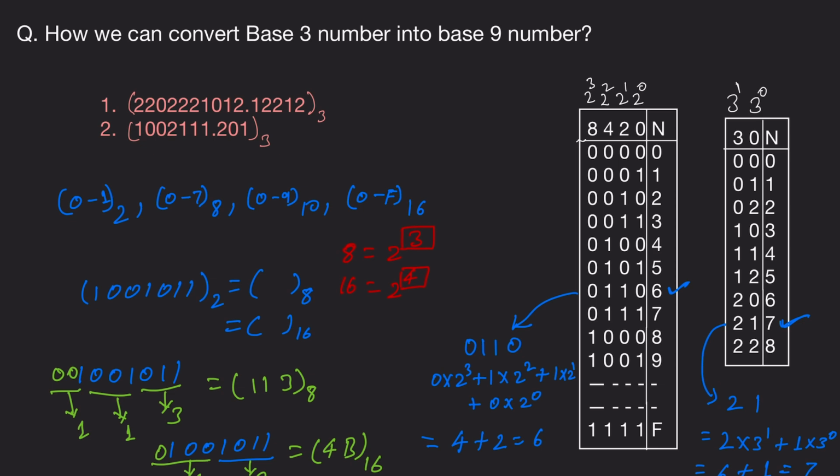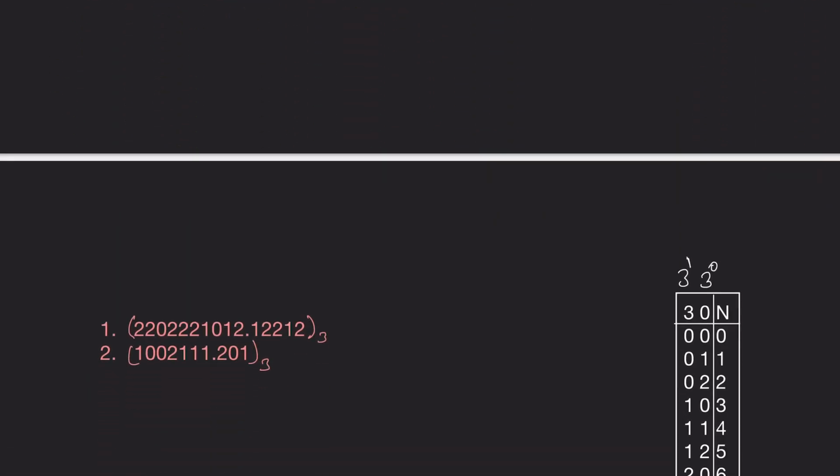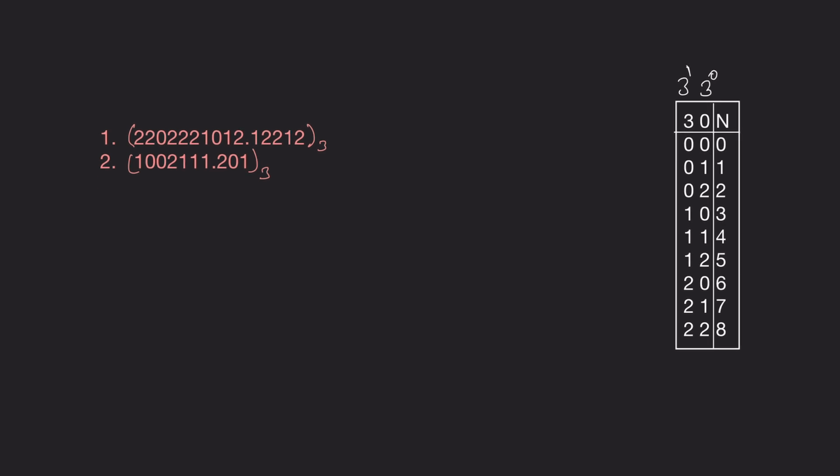So now we come to our question, to convert this base 3 number into a base 9 number. First write the number 2 2 0 2 2 2 1 0 1 2 point 1 2 2 1 2.